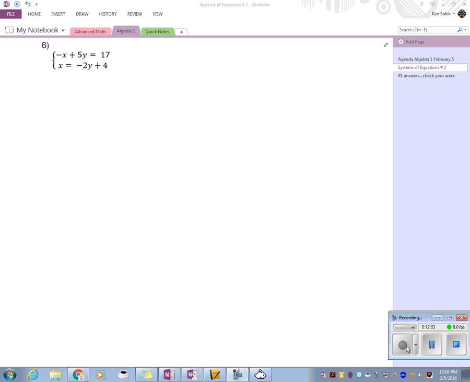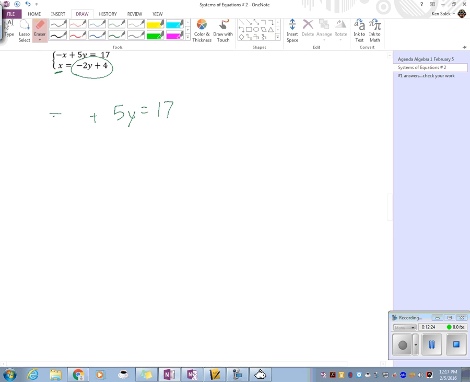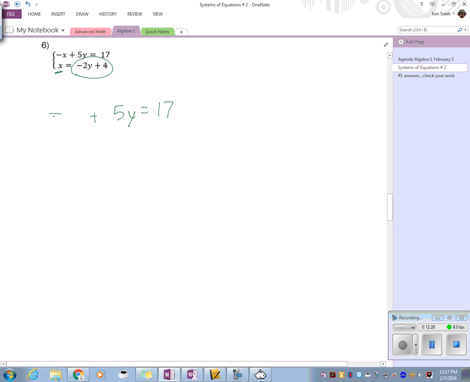Because you have the negative sign out here, I have a strategy. Again, this time negative x plus 5y equals 17. So in place of x, I'm going to write negative 2y plus 4.